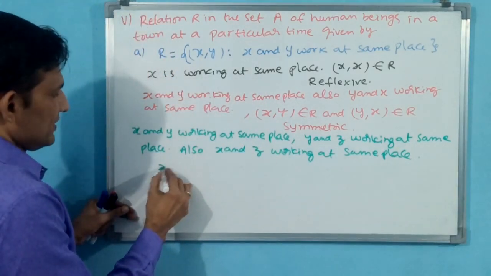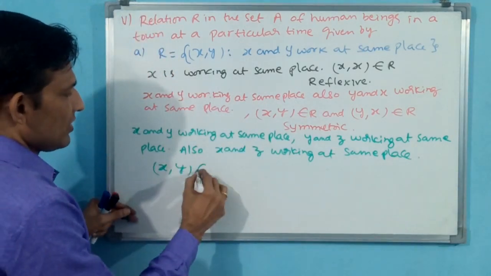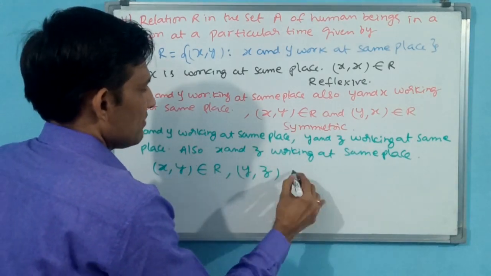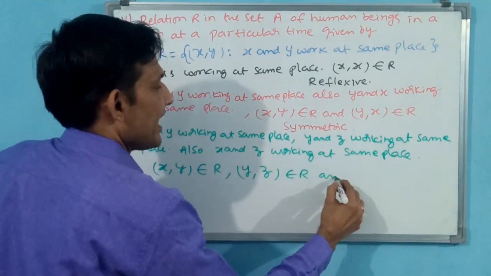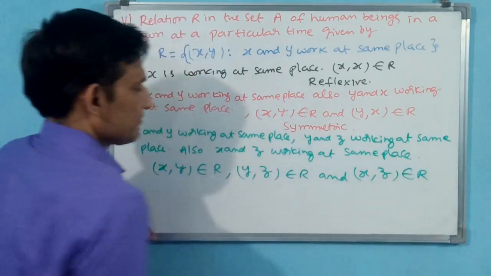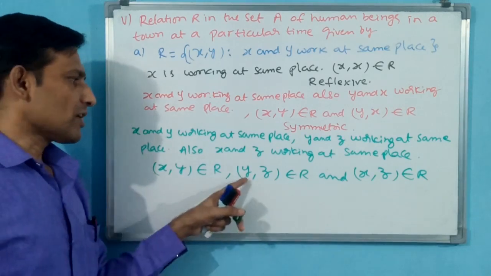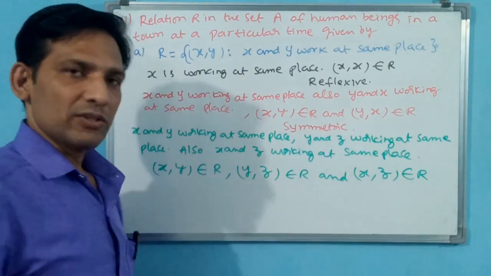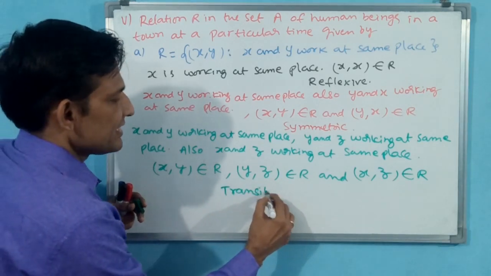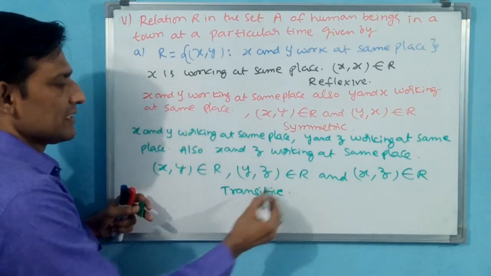Now you write like this: X comma Y belongs to R, comma, Y comma Z belongs to R, and X comma Z belongs to R. That is why this is a transitive relation.